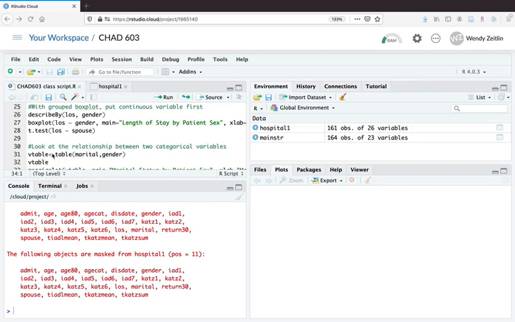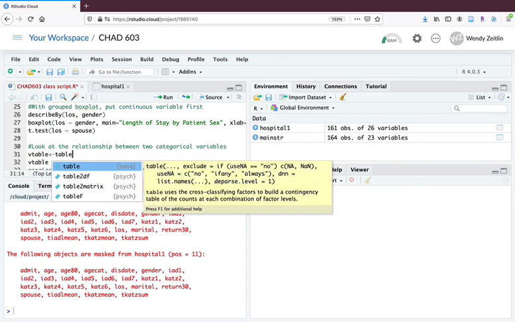We use the table function, but we are going to add a second variable to it. We can assign that variable any value, just like we had in the past. I'll retype it. We'll call it vtable, and we'll assign it the value of a table of two variables that we put together.